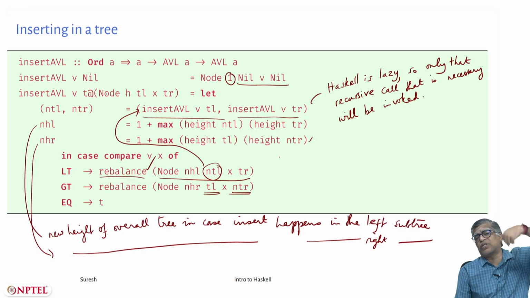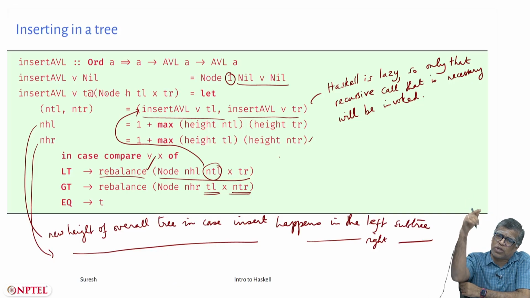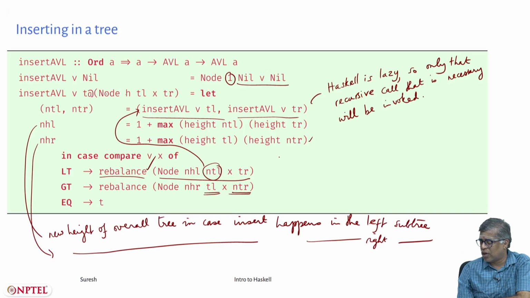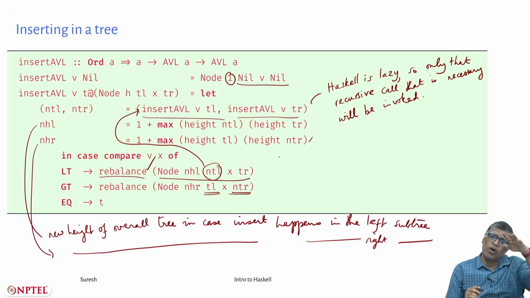In the course of the recursive calls, you would have made rebalances, but you will only make rebalances at each node that you visit. So therefore, there are only height of the tree many rebalances that you do, and the height of the tree is always bounded by log n, 2 log n or whatever.